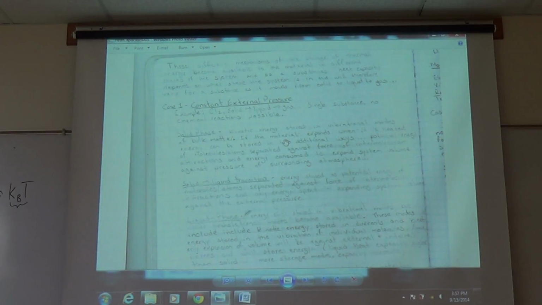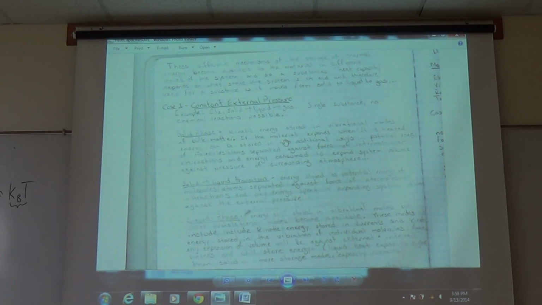And so if we want to separate them, increase the separation distance, we're going to have to fight against those electric fields. And when we do so, we turn one form of energy into another kind. What kind of energy do we ultimately end up with? Potential energy, electric potential energy.